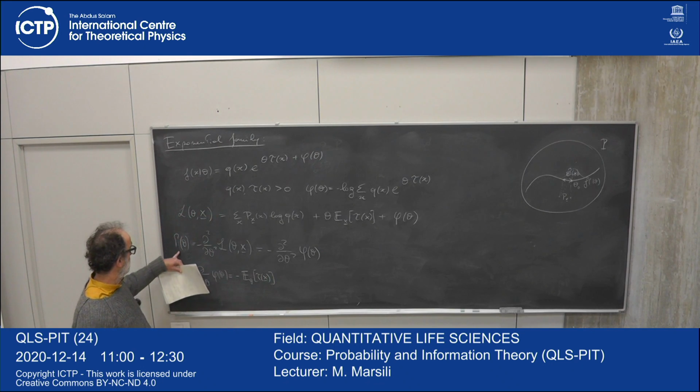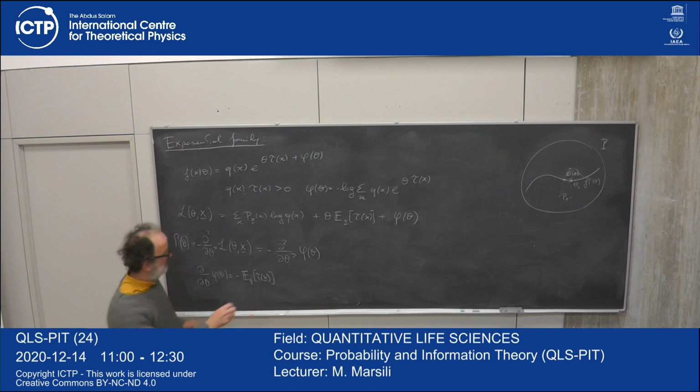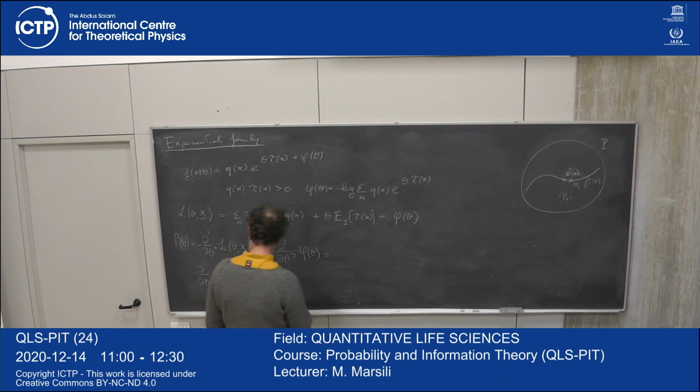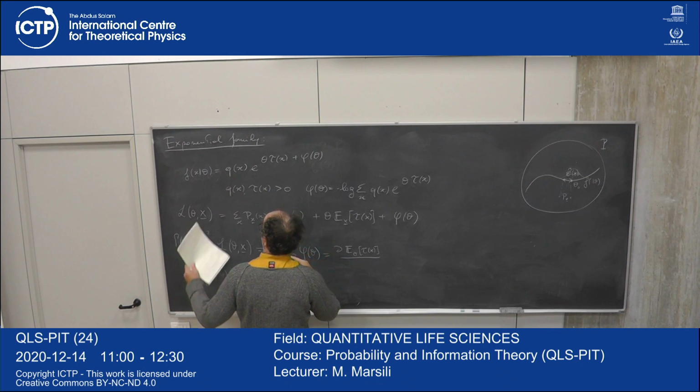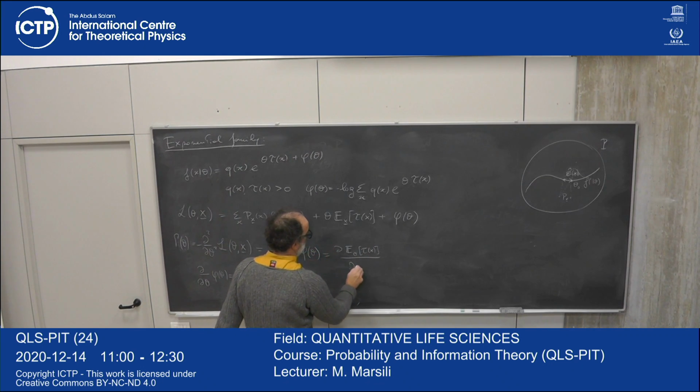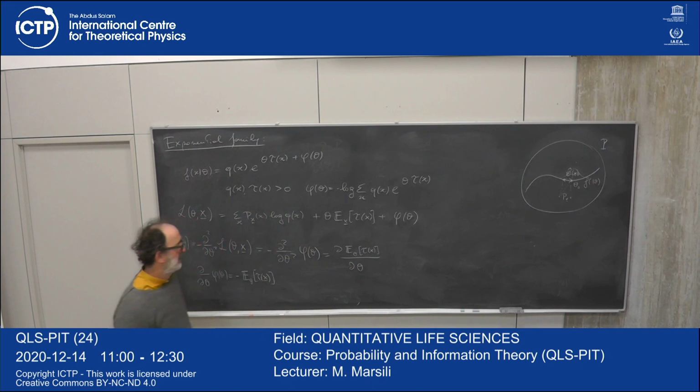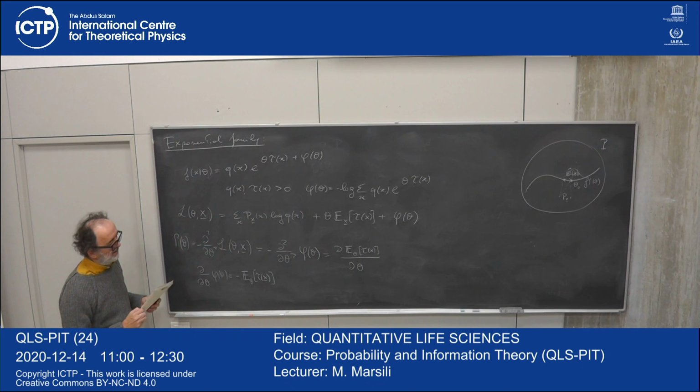So this gamma of theta is the derivative of the expected value of tau of x over this distribution with respect to theta. So it's exactly like a response function, okay?